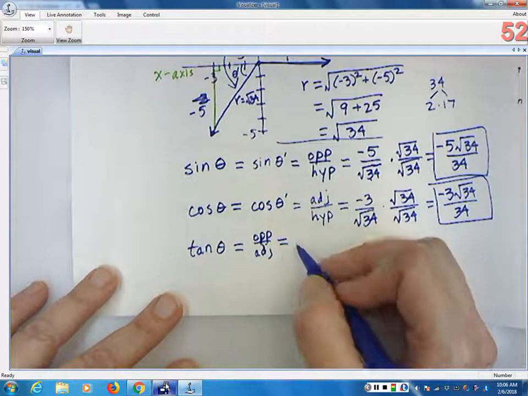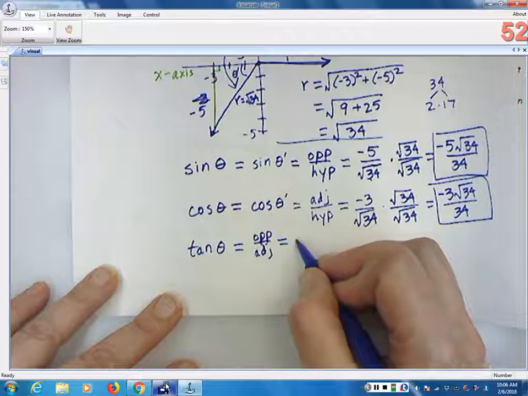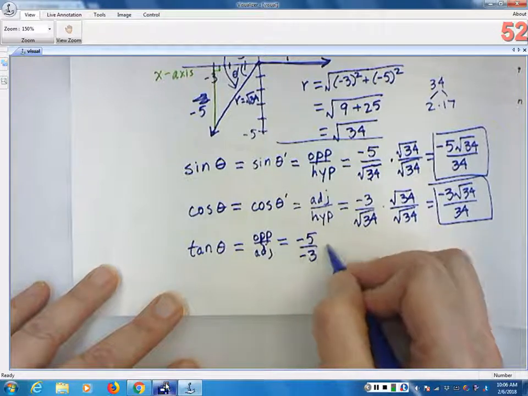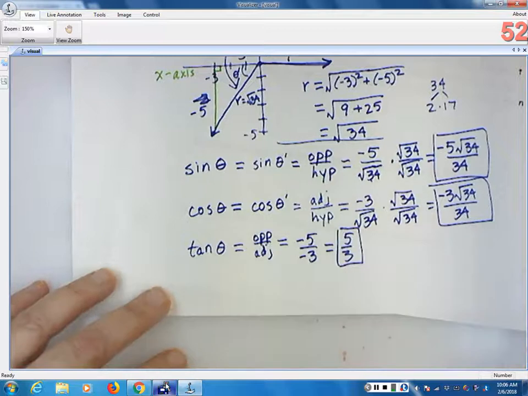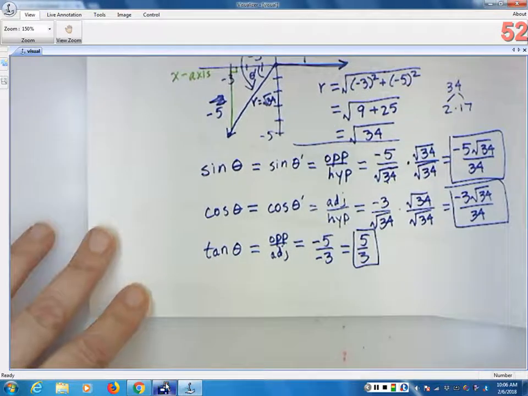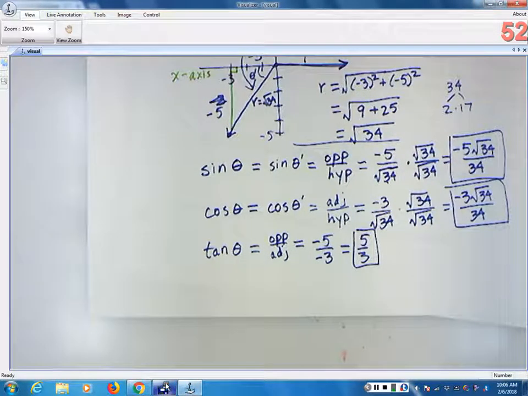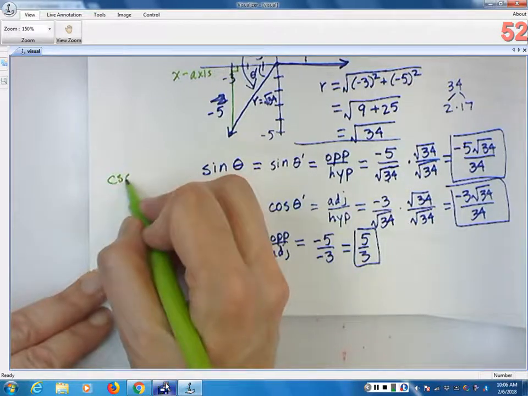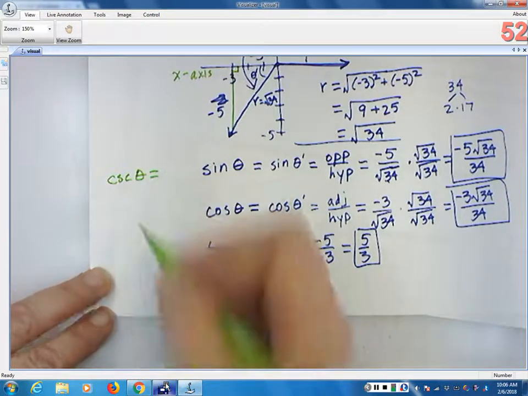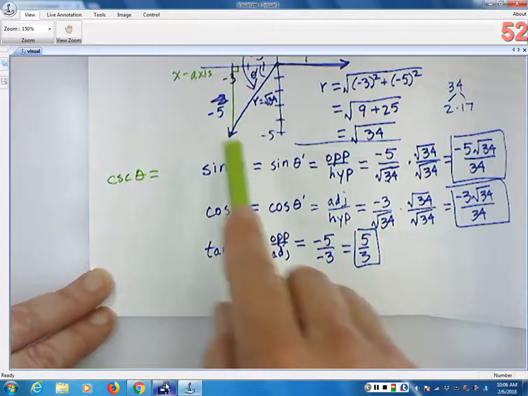And that is -5 over -3, which is 5/3. All right, now we're going to find cosecant. It's just going to be 1 over sine.